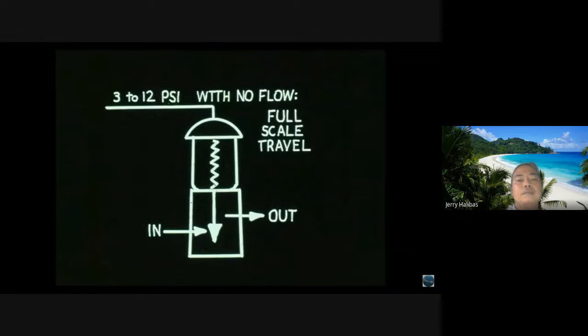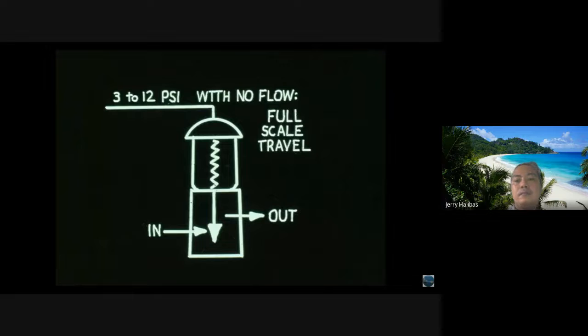Consult the valve specification sheet to obtain the input pressure. 3 to 15 psi is the standard input, but some control valves have a bench set. Bench set is used primarily for single-seated valves.